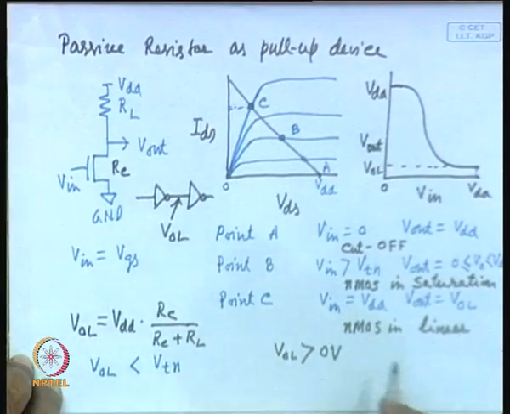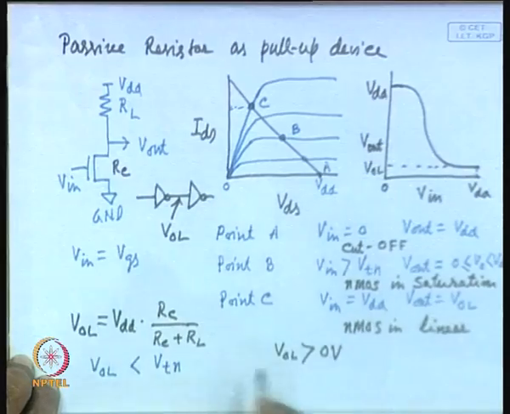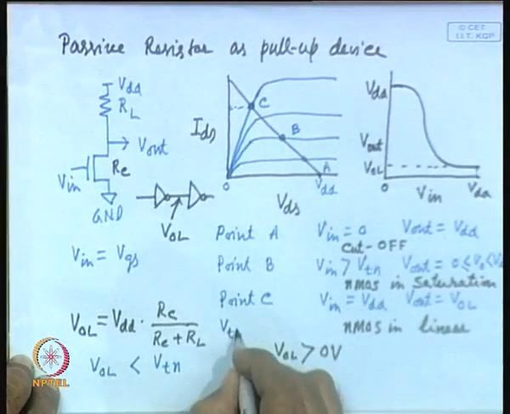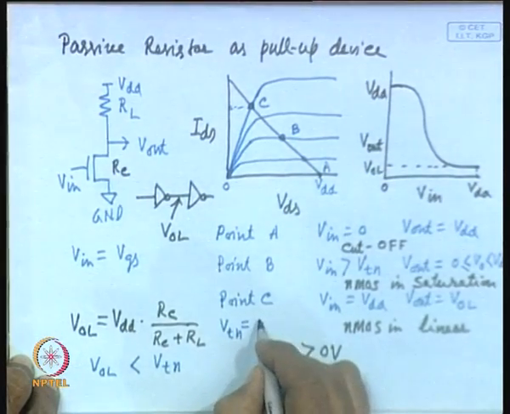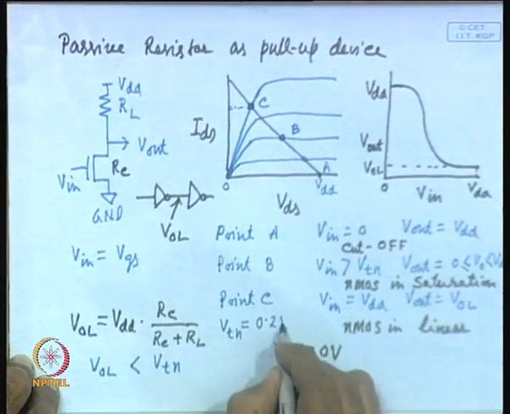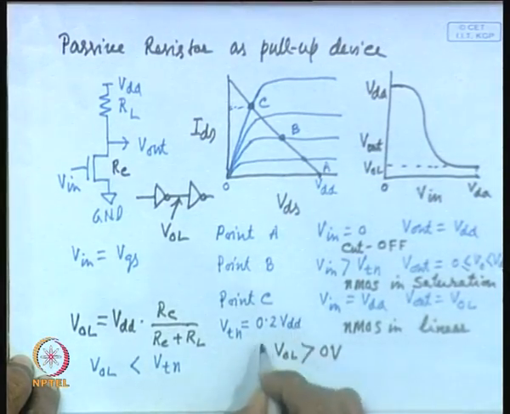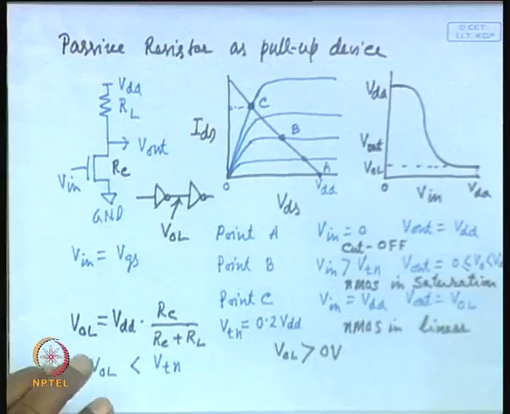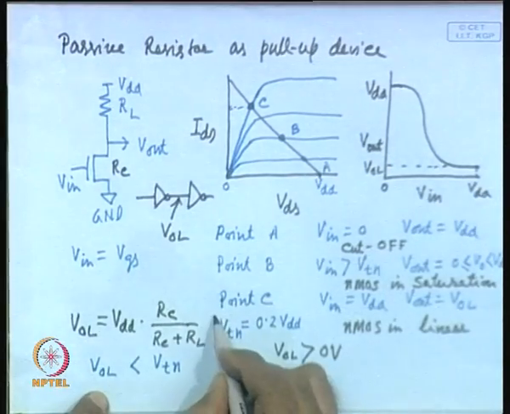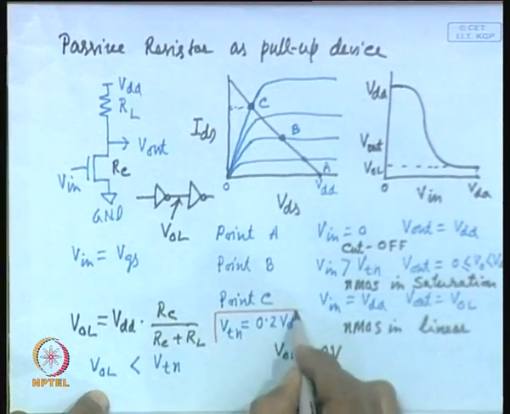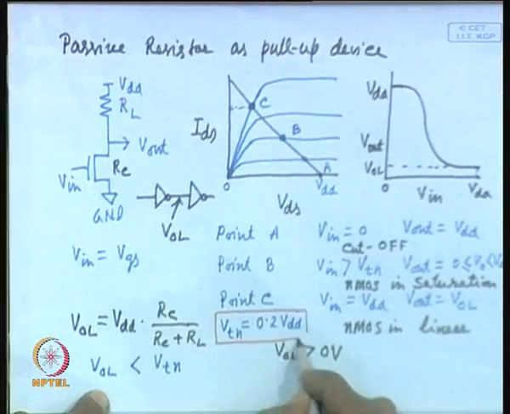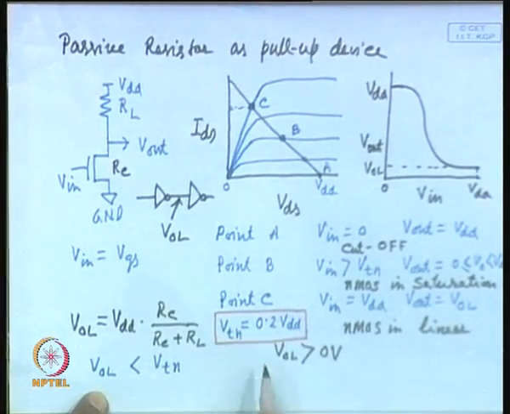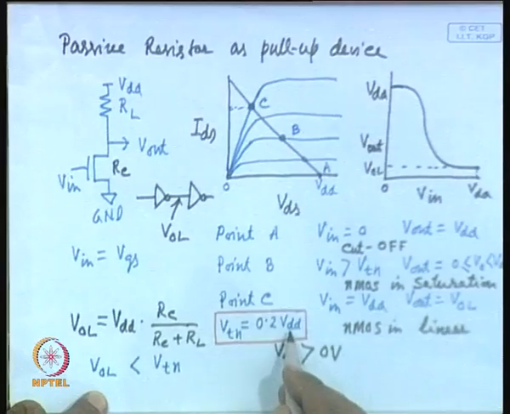Normally, this threshold voltage VTN has some nominal value, let it be 0.2 VDD. Typically the threshold voltage has some relationship with the supply voltage, that is equal to 0.2 VDD.